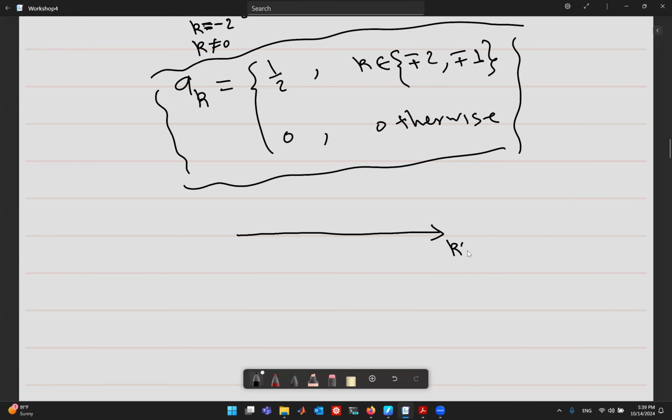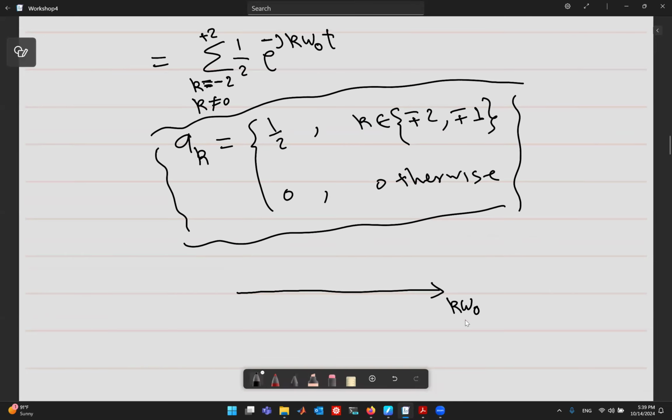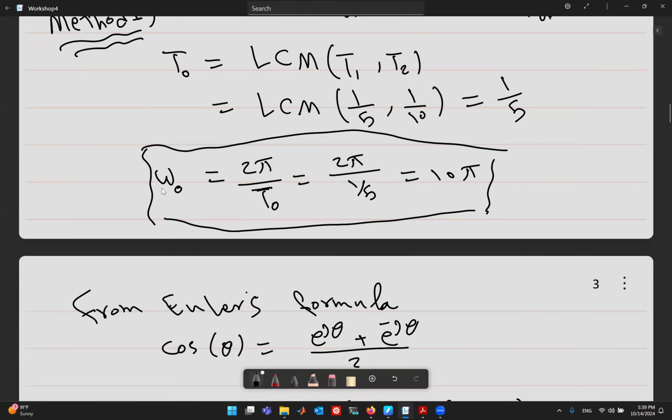We can plot it this way in terms of k omega naught. And as we have shown, omega naught is 10 pi.